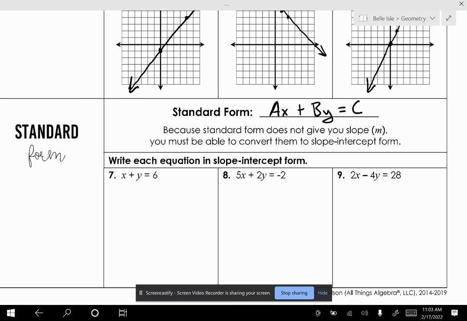We're using algebra. So we need to set it equal to what? What is slope-intercept form set equal to? Y. So we need to get y by itself. We are solving for y, right?